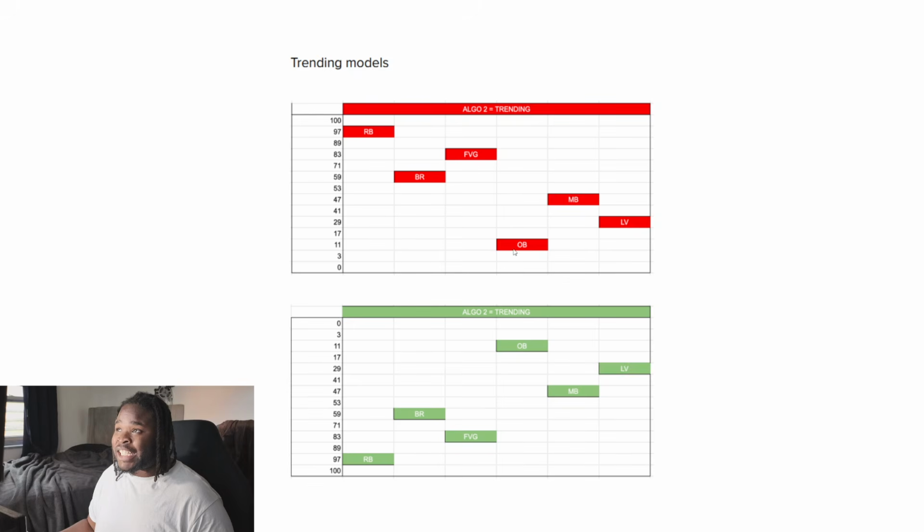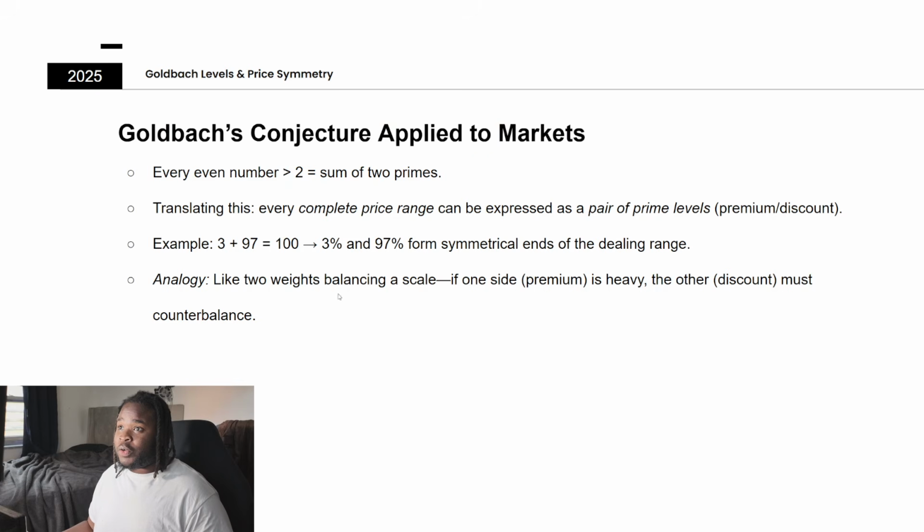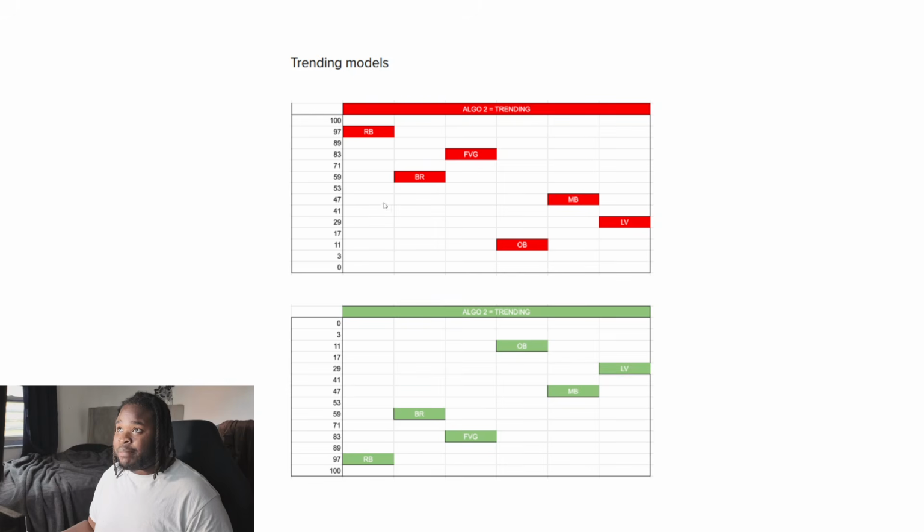It's within these confines and it's a balanced market, okay? So just like how we talked about here, 3 plus 97 equals 100. It's a balanced market. It's the same thing. It's rejecting the 100% of the range. It's stuck in the 97 rejection block. And it's rejecting the 3% of the range, the opposite side. Okay?